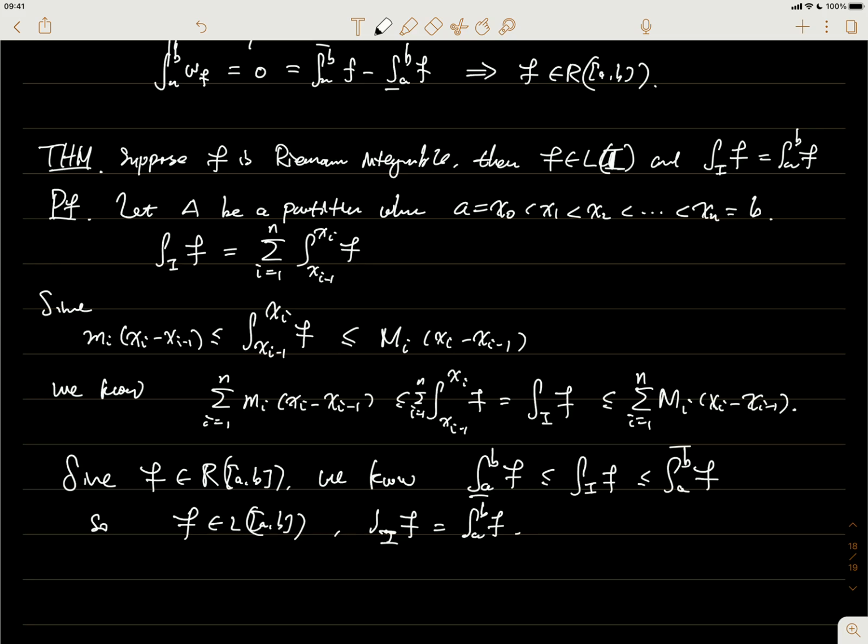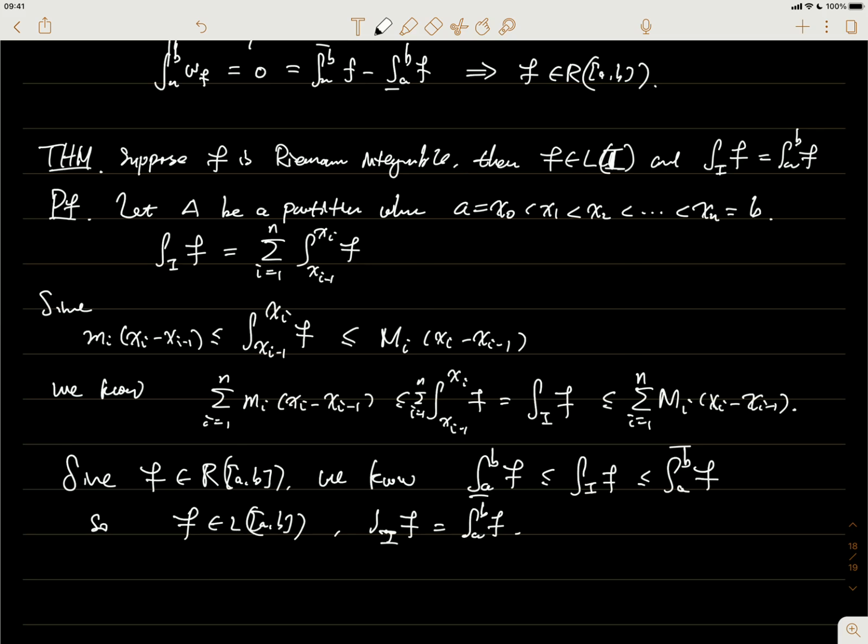You can still show whether it's integrable or not. And once it's integrable, and once you can compute the integral in the Riemann sense, you can just use them in the Lebesgue sense. So this is an advancement of the integration theory.